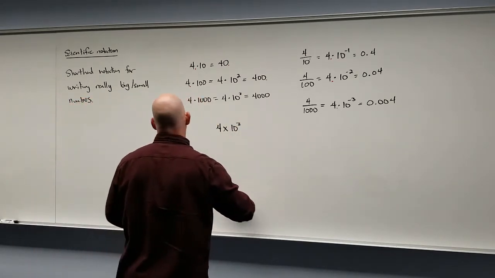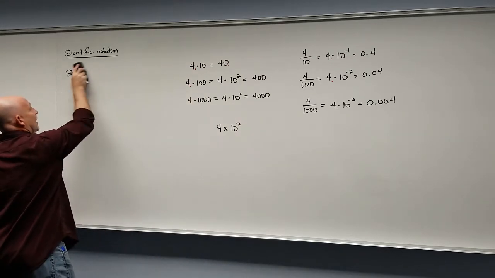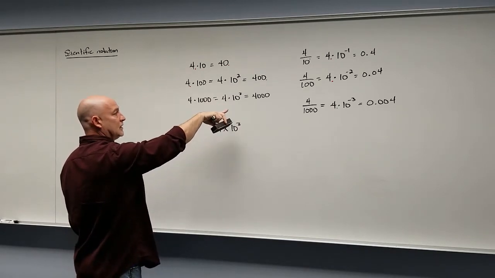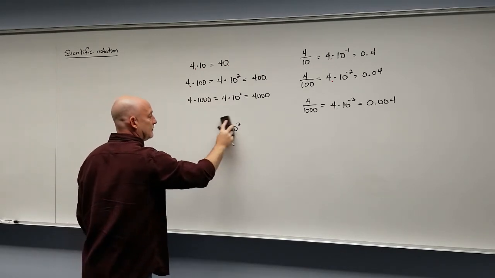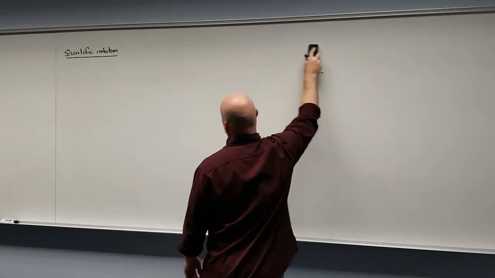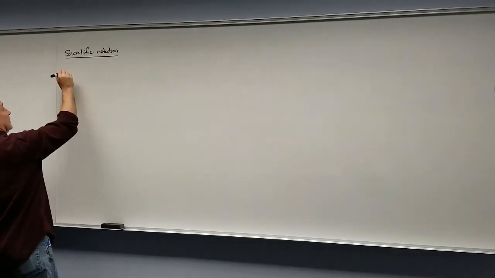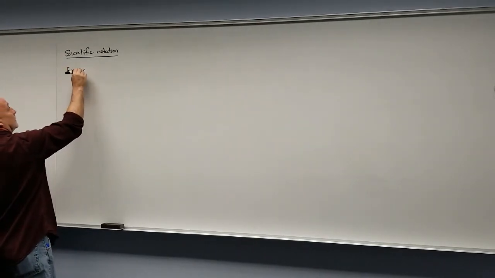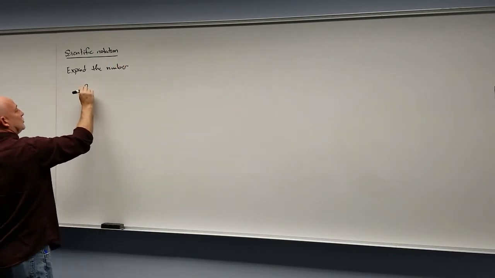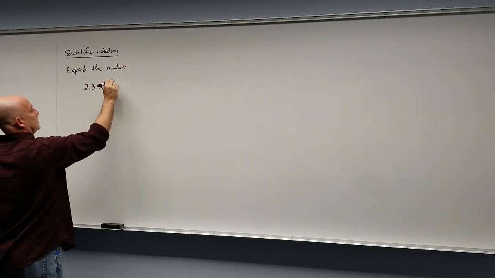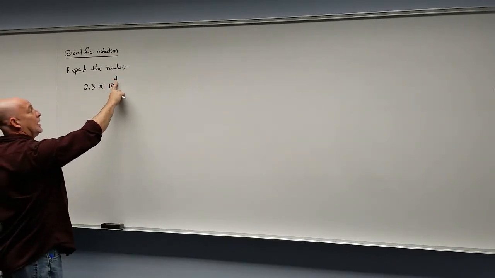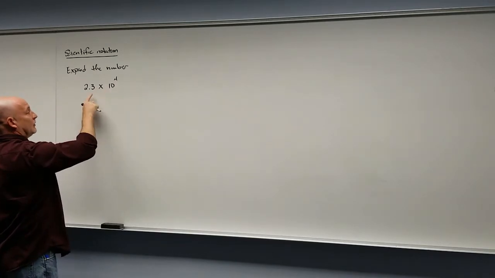We're going to need to be able to start with scientific notation, a number like this, and expand it out. And we're going to need to take numbers that didn't start out in scientific notation and write them using scientific notation. So let's start first by expanding the number. If I gave you 2.3 times 10 to the 4th, we saw that when we multiply by a positive power of 10, the number is getting bigger.